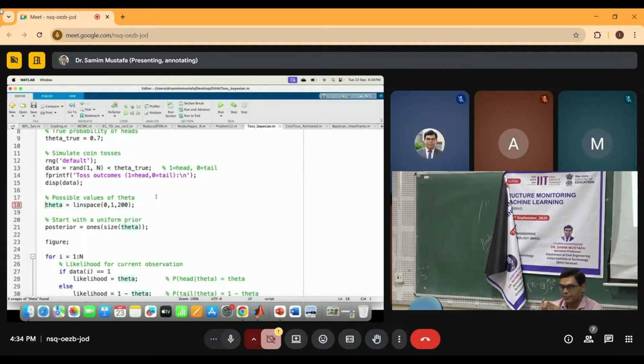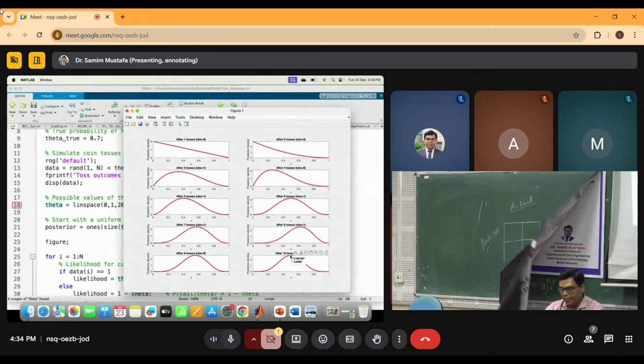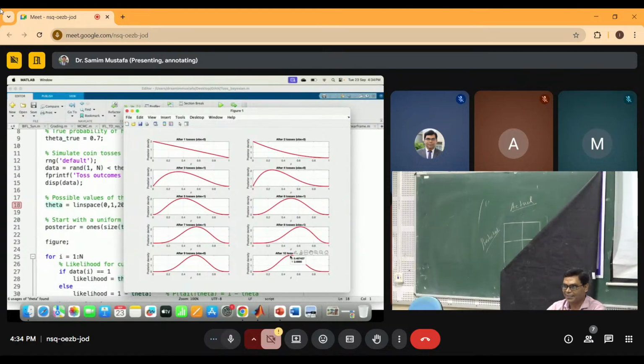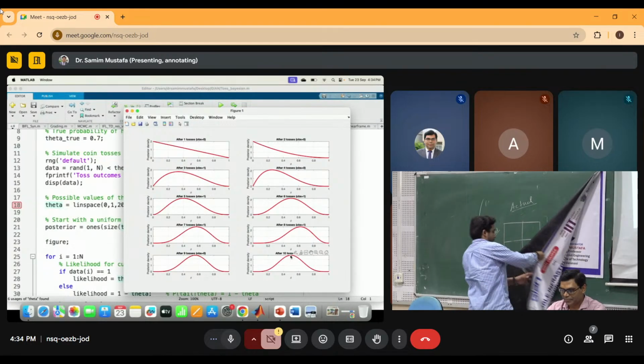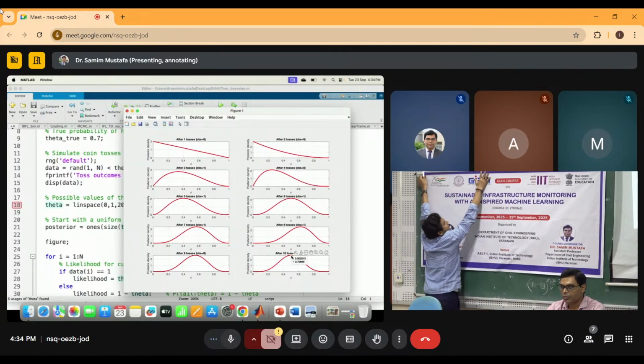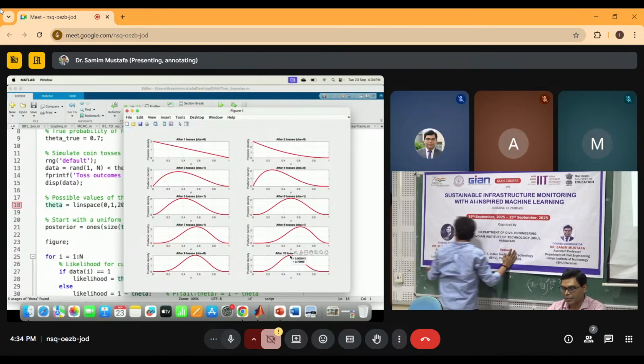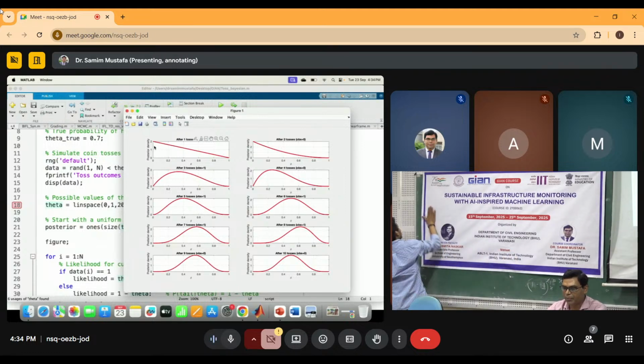What was the mean? This is not close to the actual true mean, right? The true mean is 0.7, right? Since initially you see the probability of having head is very low, isn't it?